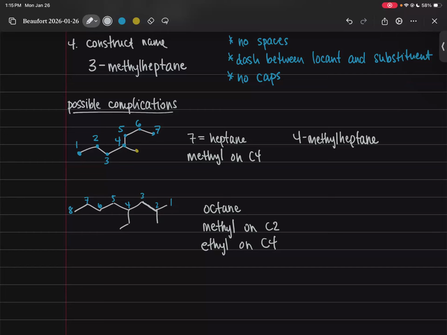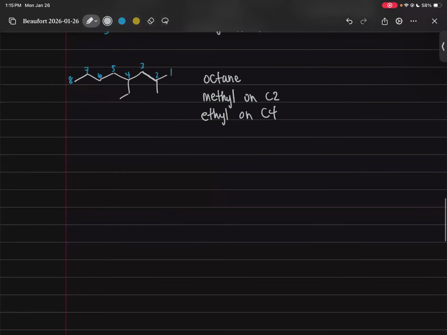Okay. So this becomes 4-ethyl. And then we need to separate the next locant, which is going to be the 2 from methyl with dashes.